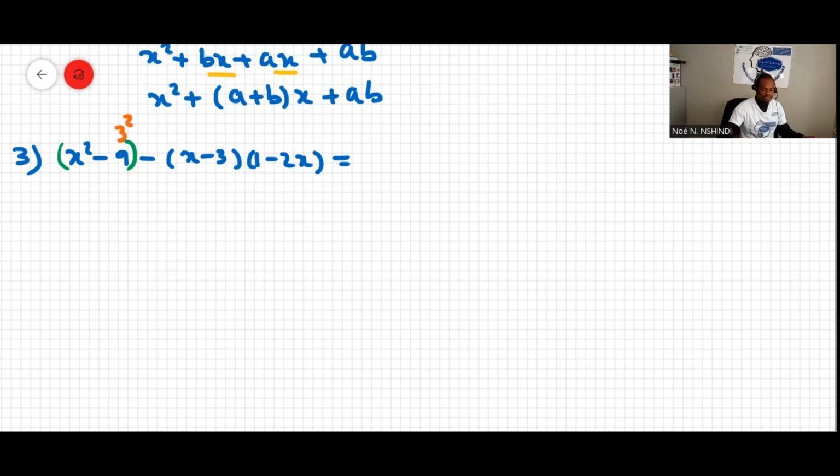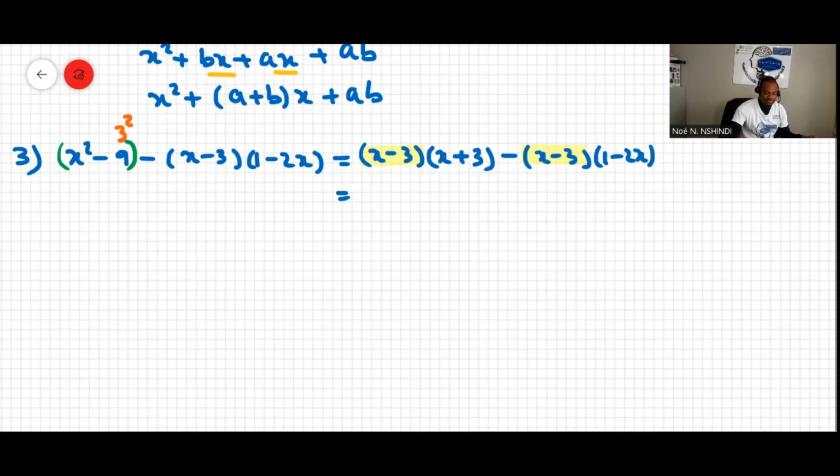Now we can write (x minus 3)(x plus 3) following the difference of squares formula, and then minus (x minus 3)(1 minus 2x). Notice that we have x minus 3 there and x minus 3 there also. We can take it as a common factor.